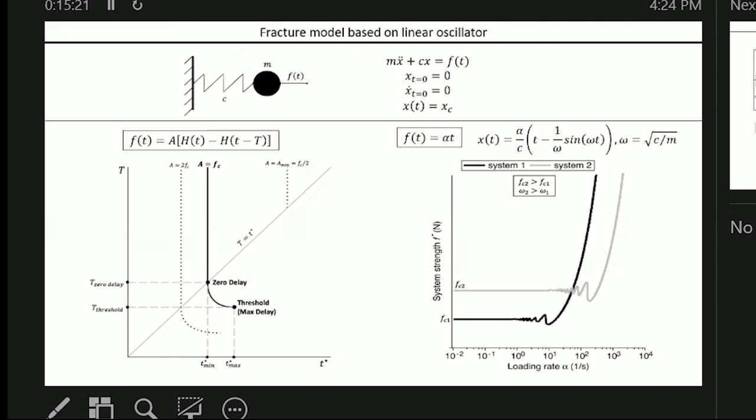If you load the system in a very fast way, where this alpha parameter is very high, there is some characteristic reaction time of the oscillator system. So we get this dynamic strength branch. And if you load the system slowly, you get the static branch, or static strength of the system.